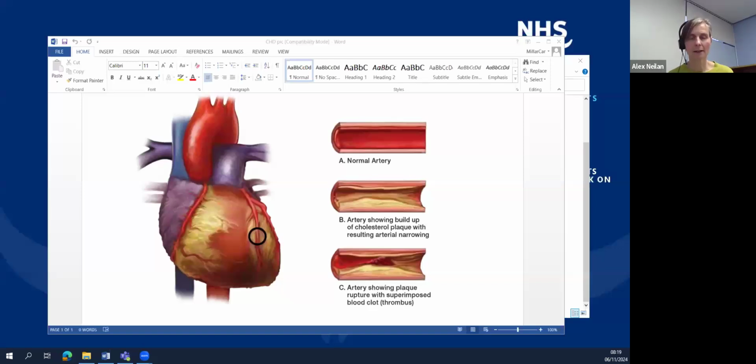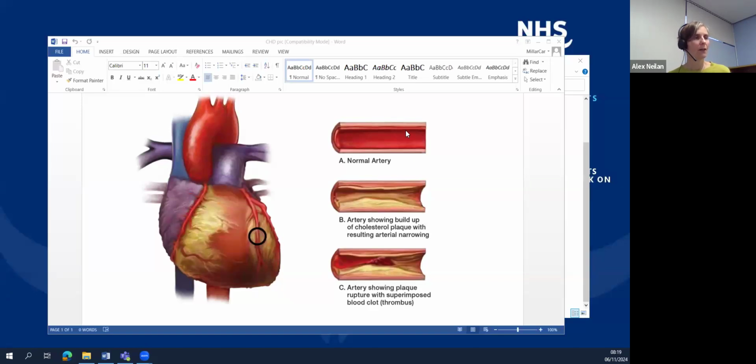Okay. So causes of coronary heart disease. Essentially the arteries that I showed you, and I'll go back to this again because it shows you the nice fatty plaques. Let's have a wee look at this again. So we have these coronary arteries that supply the heart.